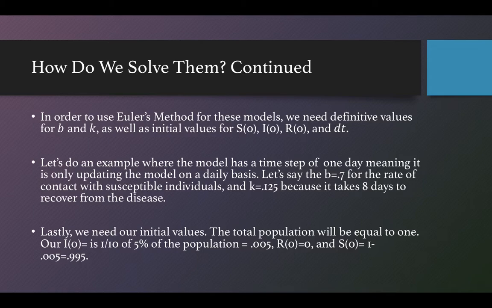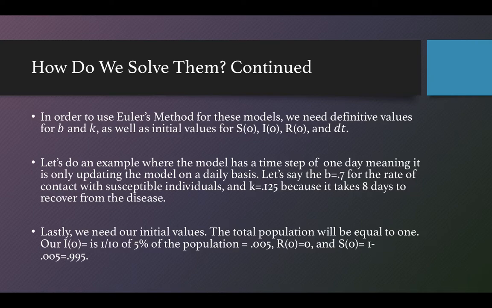So in order to use Euler's method for these models, we need definitive values for b and k, as well as initial values for S of 0, I of 0, and R of 0, and then dt. So we're going to go through an example where the model has a time step of 1 day, meaning it's only updating the model on a daily basis.